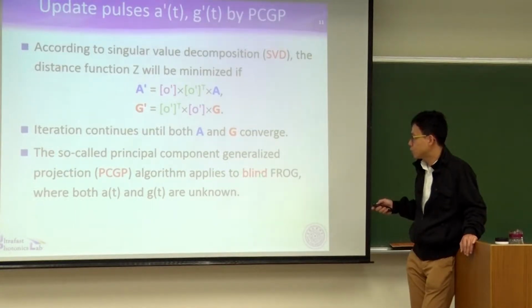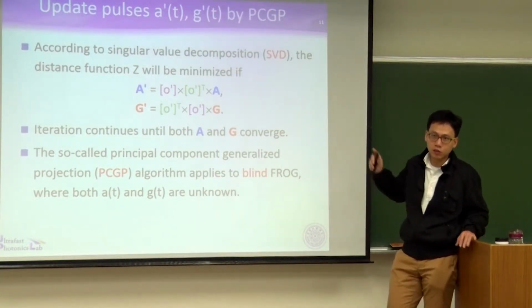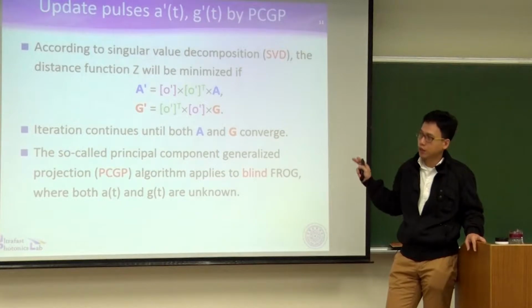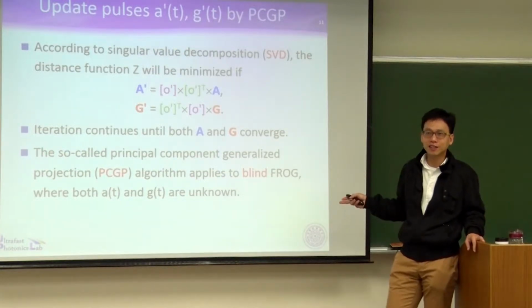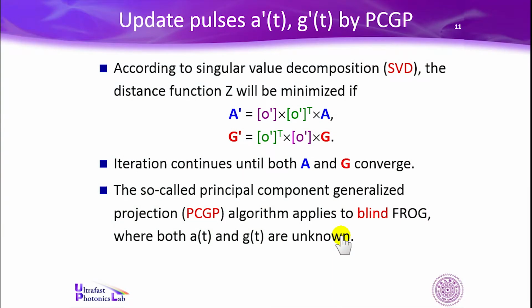It applies to blind Flock, where both A of t and G of t are unknown. You can see there is no assumption between A of t and G of t, right? And you can get both solutions simultaneously. That is blind Flock. Any question about the PCGP algorithm?